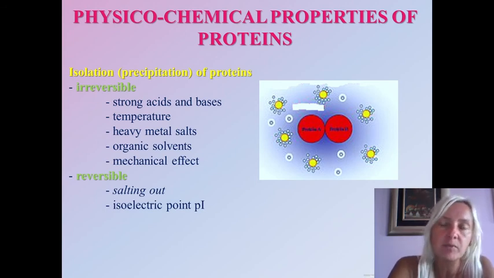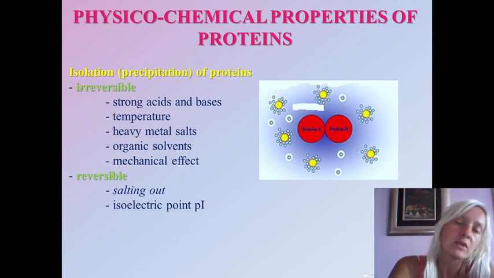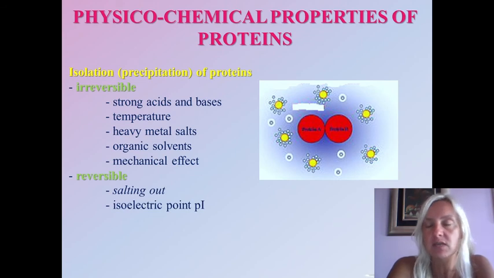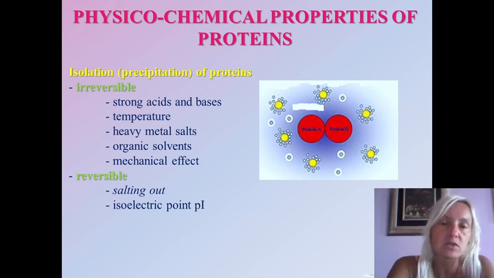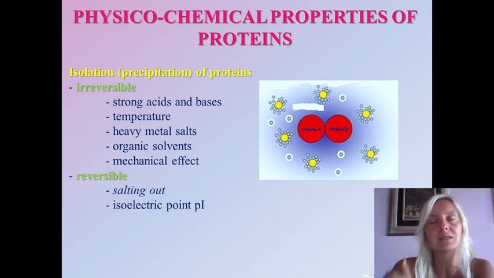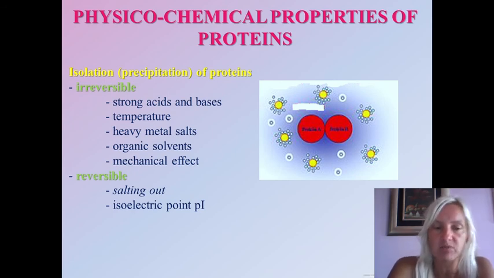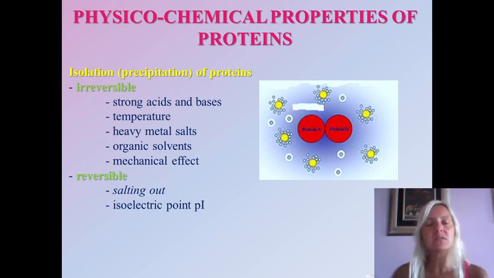So to make the precipitation reversible, which enables you to bring the protein back to its initial state after precipitation, thus not affecting its native conformation. And this can be achieved in two ways. The first method is salting out, and the second one is the achievement of the isoelectric point, which I have previously described.